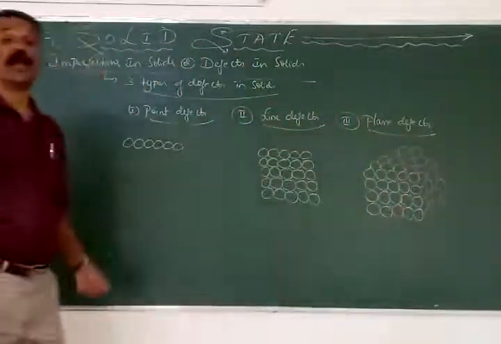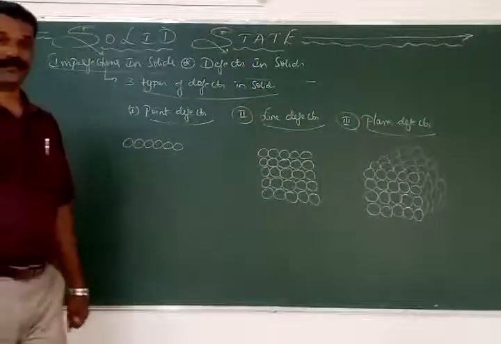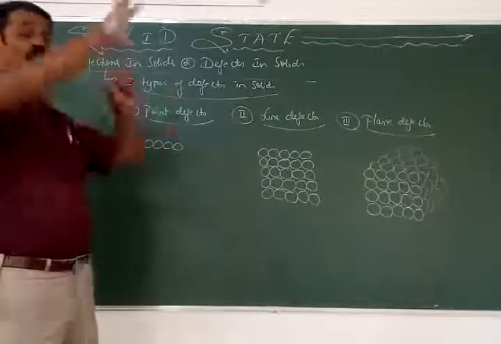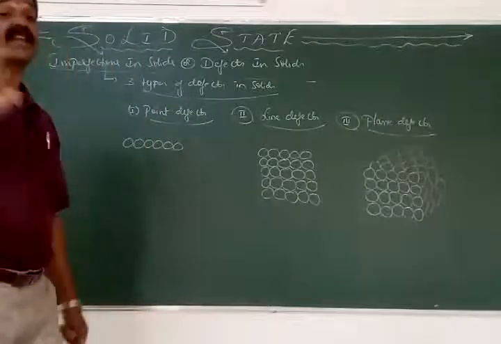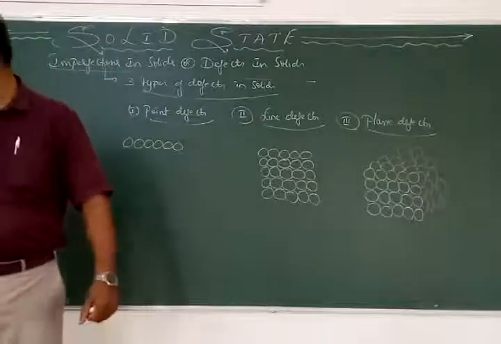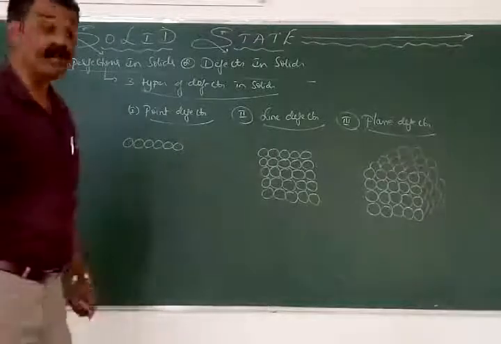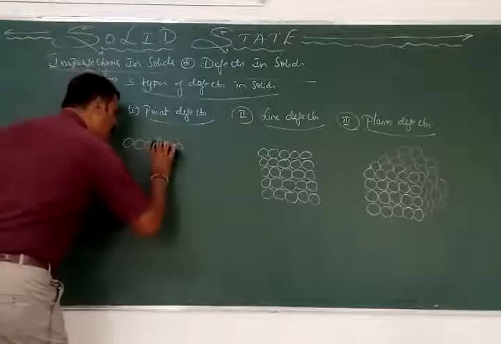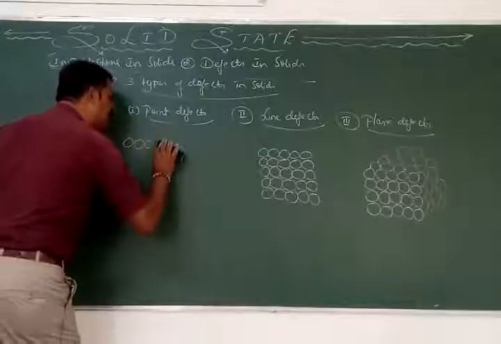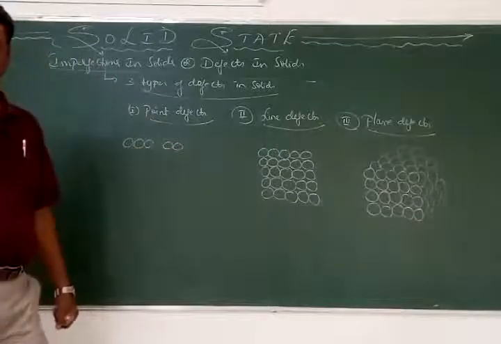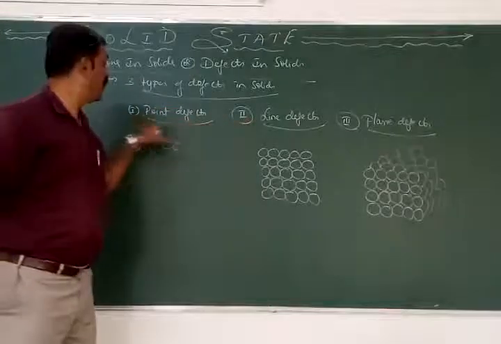Okay, this is the what? Three dimensional. That is already shown for you. So now they are found to be the perfect solids because the particles are exactly arranged. Now, what makes this one different, or imperfect? Suppose if one of the particles gets disturbed from its position, it is called the point defect.